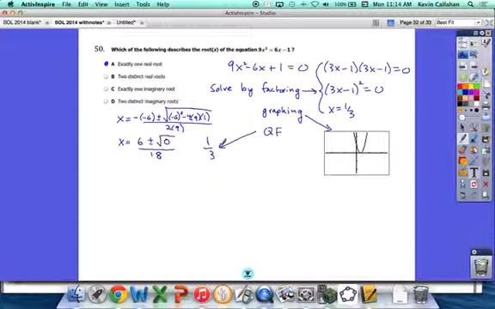If the discriminant equals 0 in this problem, that means that when you do plus or minus the square root of 0, you get the same thing. It's one real number and occurs twice. So it only has one real root, and it occurs twice because of the plus or minus. If this number is greater than 0, you would get 2 real roots. If this number is less than 0, now you're taking the square root of a negative, you get 2 imaginary roots. When do you get 1 imaginary root?